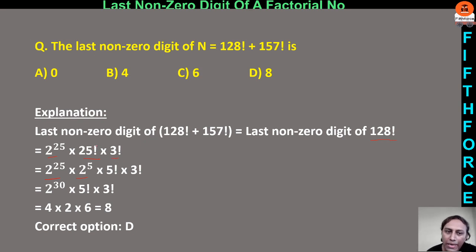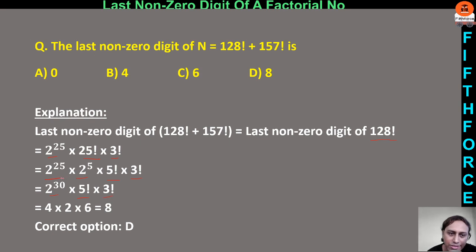Now 25 factorial is a big number. Again do the same method. 25 by 5, quotient is 5. So 2 power 5 into 5 factorial into 3 factorial. So it is coming 2 power 30 into 5 factorial into 3 factorial.